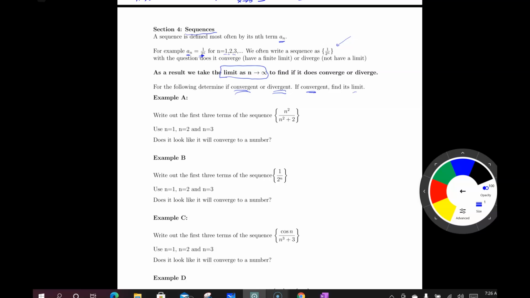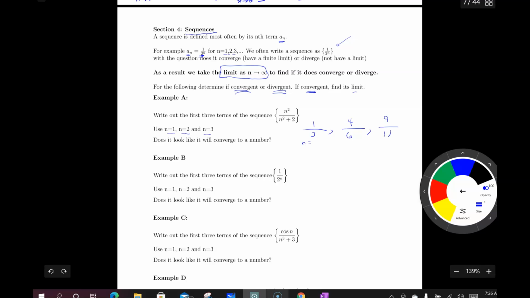So let's write out the first three terms. I really want you to get a feel for what this is. The first term will be plugging in n equal 1, which gives me 1/3. The second term is plugging in n equal 2, and plugging in n equal 3, I would get this.